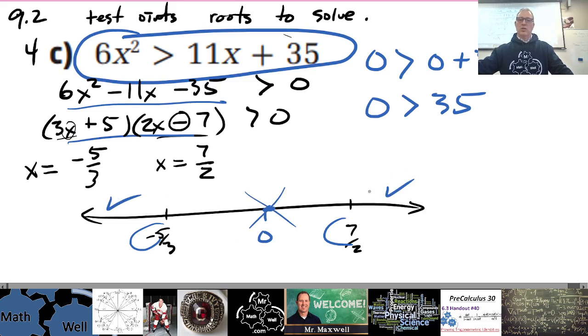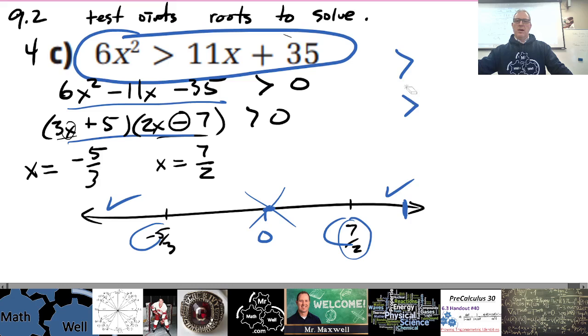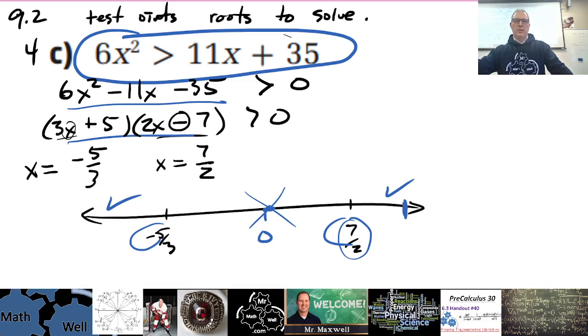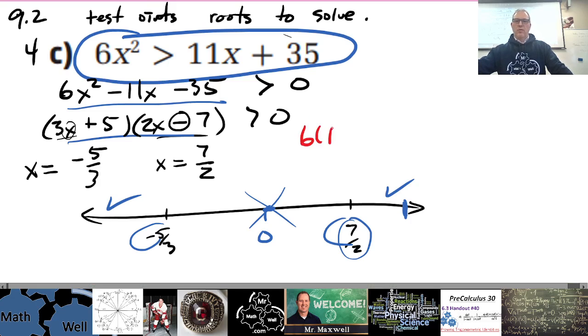I'm going to do a quick check of a number out here. This is 3.5, so I'm going to check 4. So 6 times 4 squared is greater than 11 times 4 plus 35. 4 squared is 16, times 6 is 96. 44 and 35 is 79.